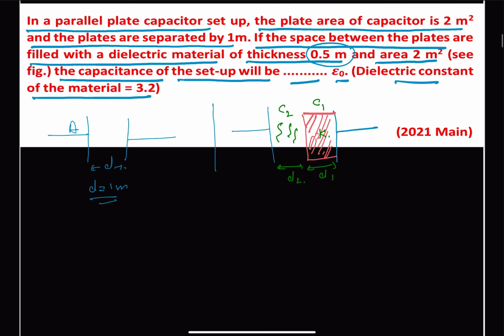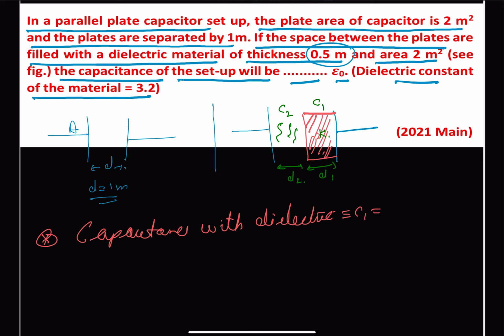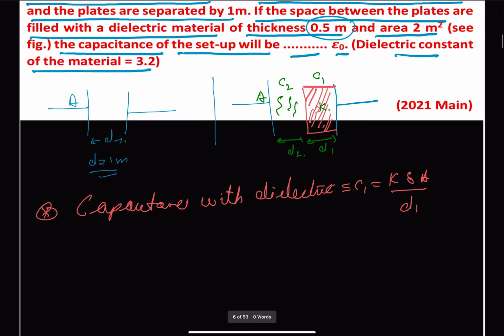Therefore, we can write that C1, which is our capacitance with dielectric, will be equal to K epsilon naught A upon D1. The area of the plates in both cases is the same. So we can find out the value of C1.